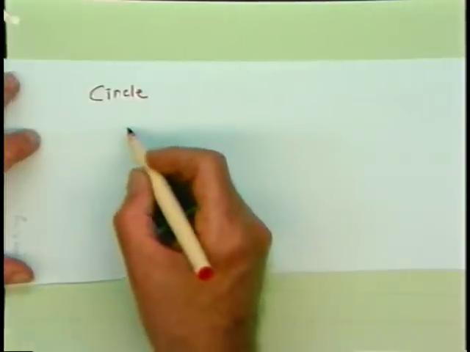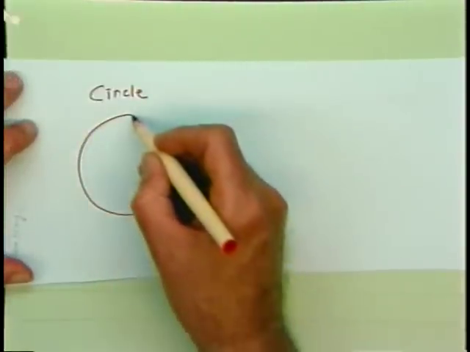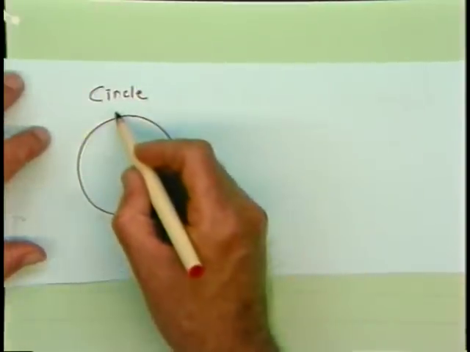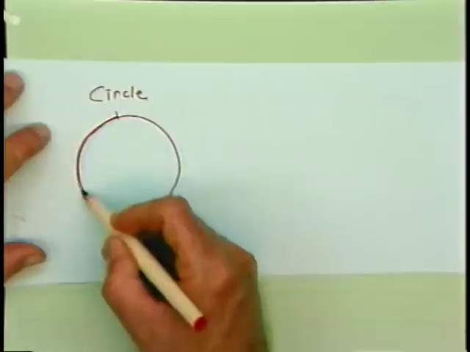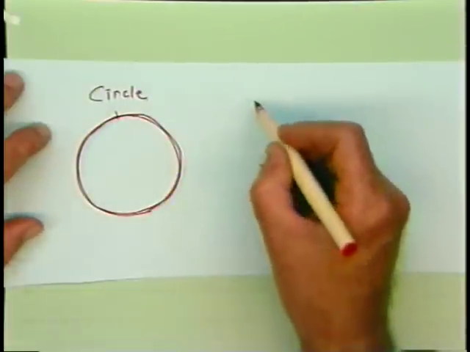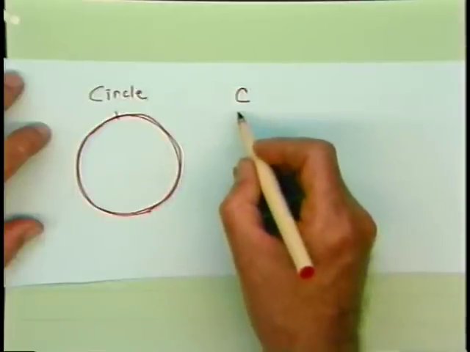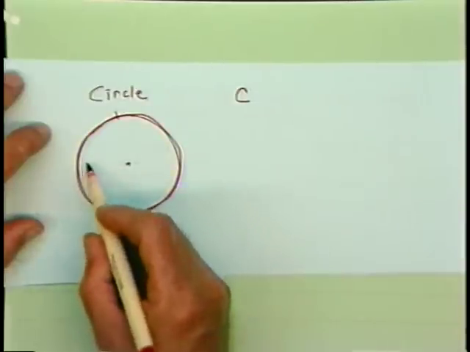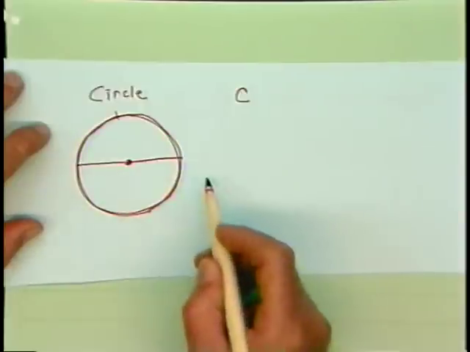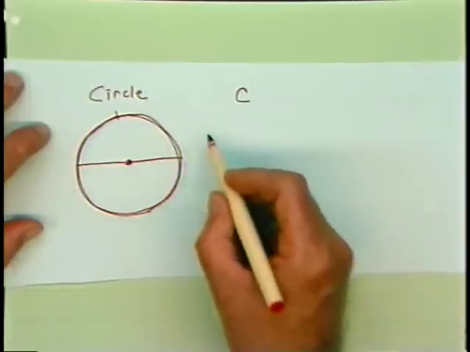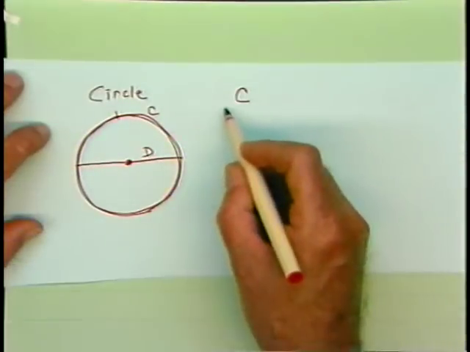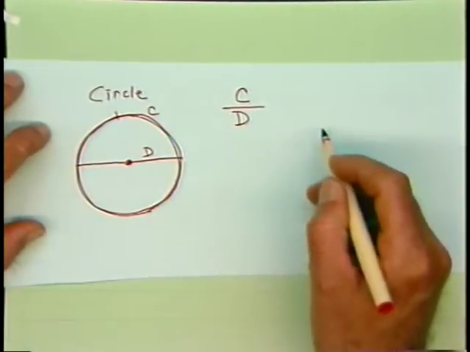If you were to take any circle and start on the rim and measure its distance around, which we call a circumference, let's call that capital C, then measure the distance across the circle that goes through the center, which we call the diameter, and call that D, and divide these two.